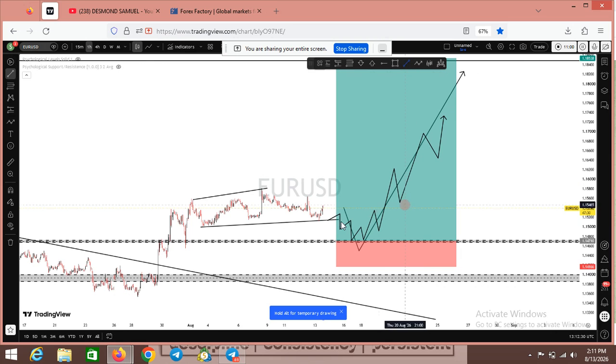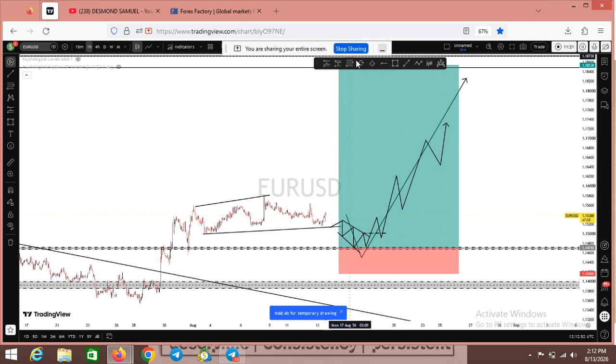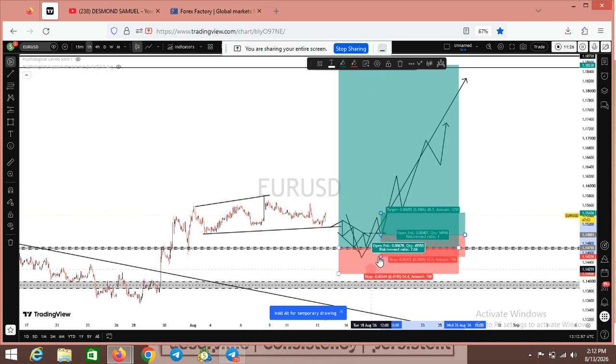So I want to see a breakout of a flag and a retest on it. A breakout of a flag, a retest on it, then we buy this market. This is what we are looking for. So we might probably start the buying around this point here, and our SL will be small.